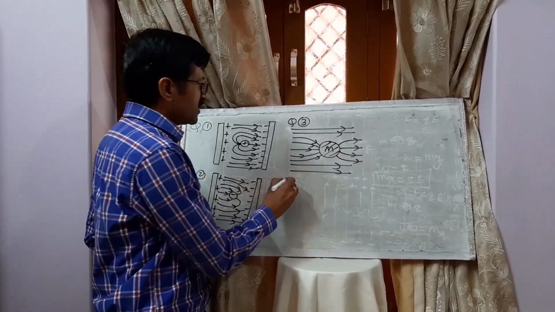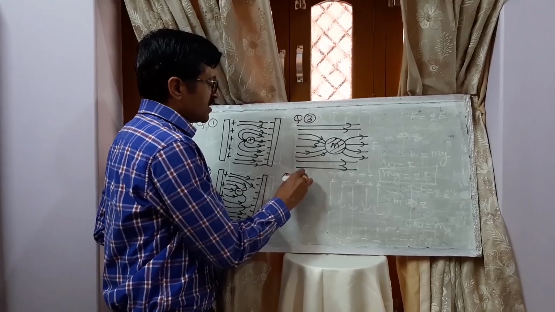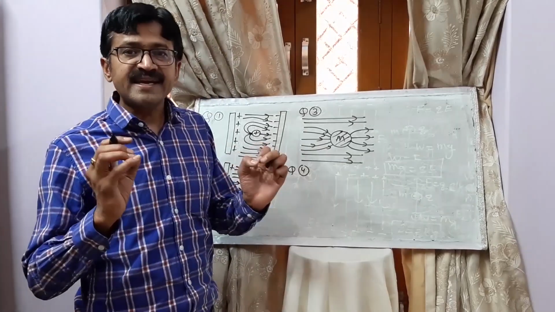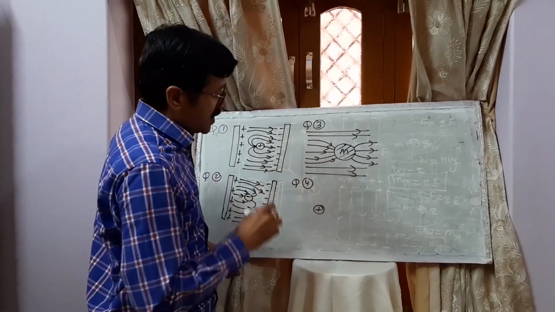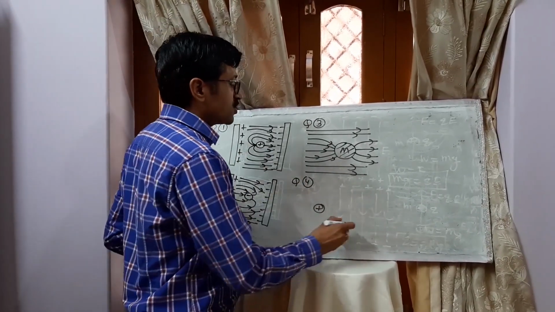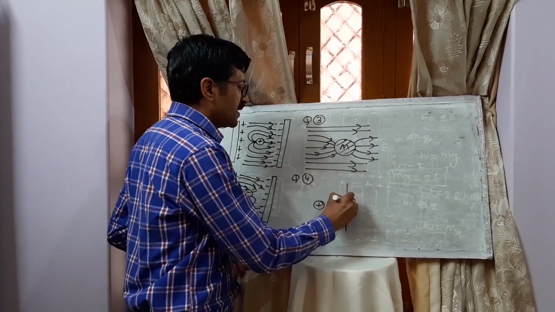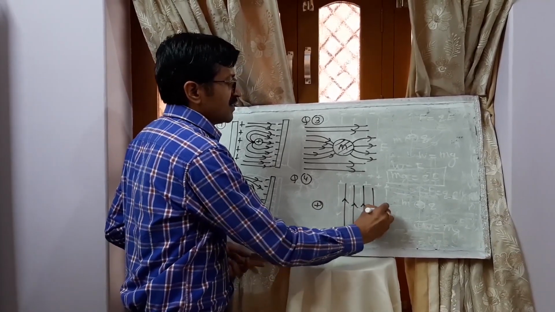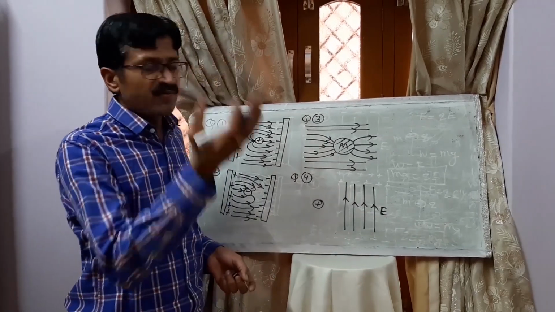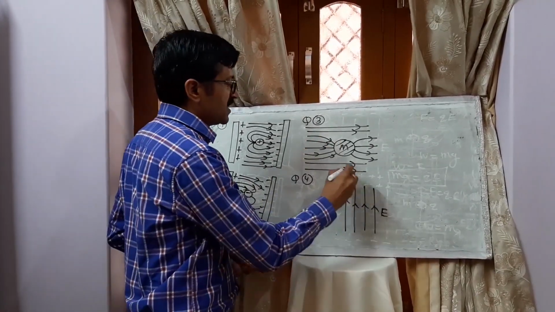Then another question is question number four. How can a charge be balanced? If there is a positive charge and we want to balance it in an electric field, then the direction of the electric field must be upwards. Remember, for a positive charge, the electric field must be upwards.